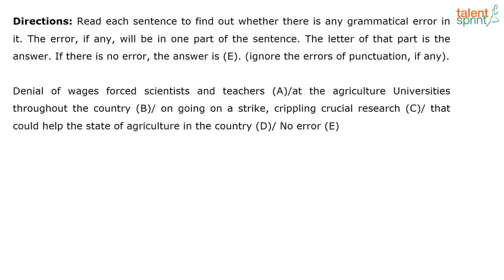Yes, right? Obviously, the error again is in part C. Forced is my clue word, right? I'm always forced to do something. So denial of wages forced scientists and teachers. This whole part, at the agriculture universities throughout the country, is just the prepositional phrase giving me additional information.